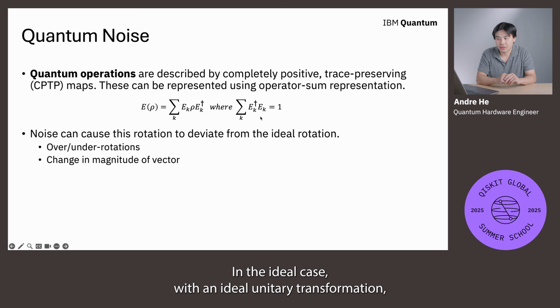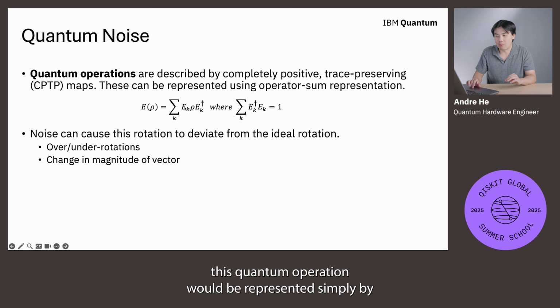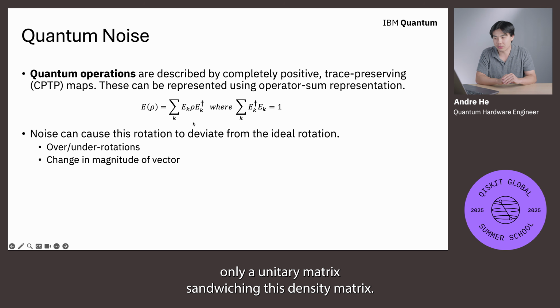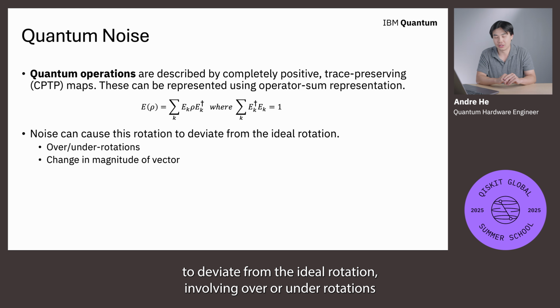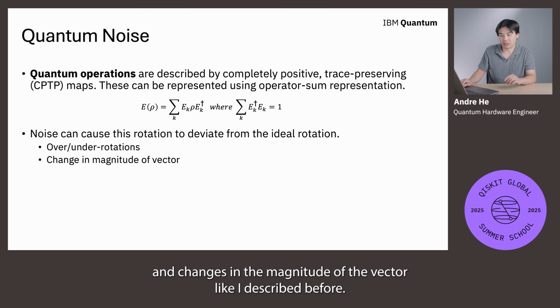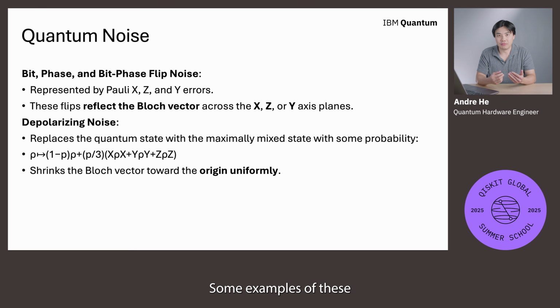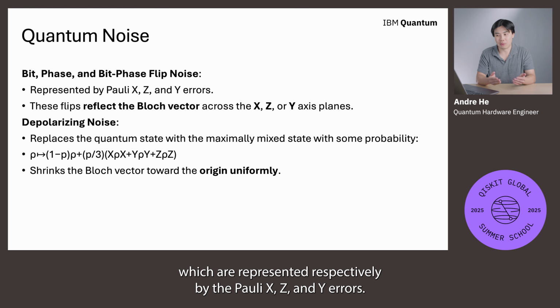In the ideal case, with an ideal unitary transformation, this quantum operation would be represented simply by a unitary matrix sandwiching this density matrix. But in the realistic or non-ideal case, noise can cause this rotation to deviate from the ideal rotation, involving over or under rotations and changes in the magnitude of the vector, like I described before. Some examples of these noise modes are bit flips, phase flips, and bit phase flips, which are represented respectively by the Pauli X, Z, and Y errors.